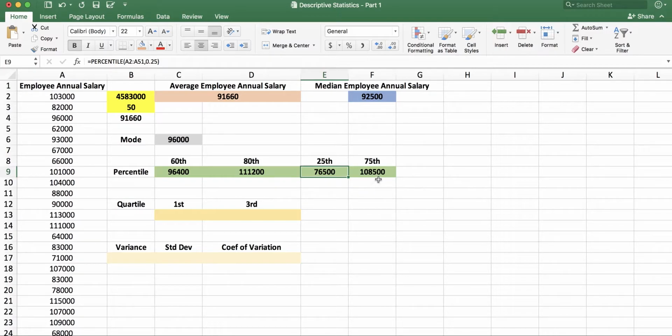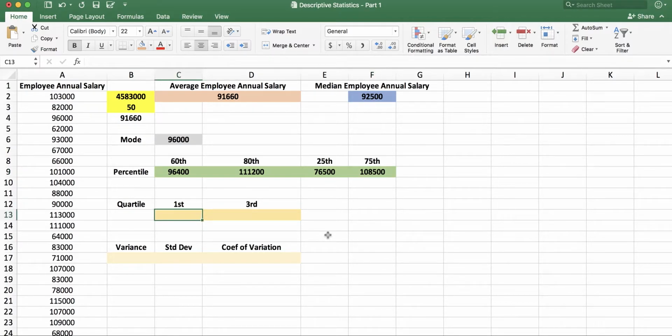And obviously, a larger percentage of values will be smaller than 108,500. As you go to a higher percentage in your percentile, the value it corresponds to will also increase. So it's no surprise that as we look at a higher percentile, the value it corresponds to is also higher.